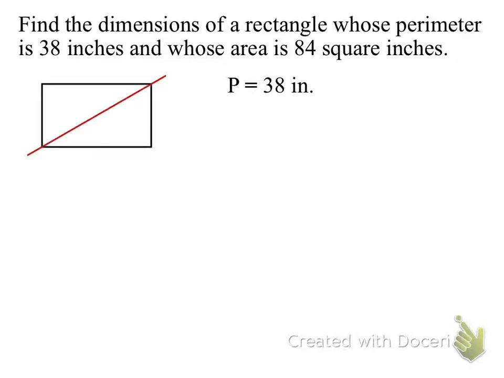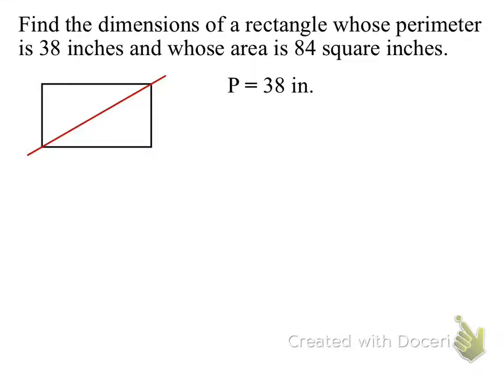What's the perimeter? What would half the perimeter be, if the perimeter here is 38? 19, right? So what we're saying is this side plus this side is 19.